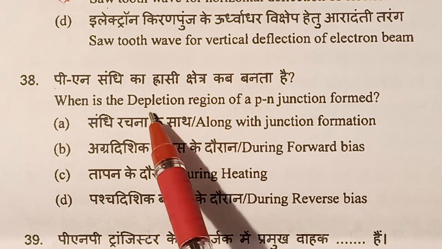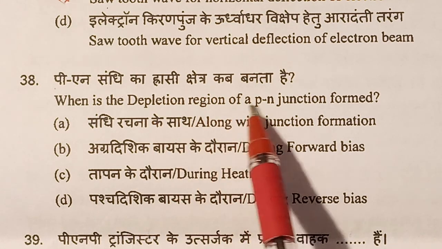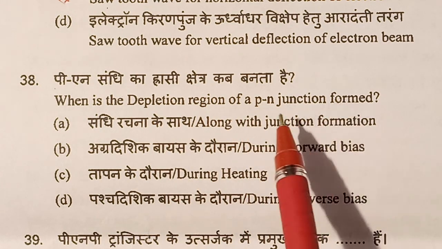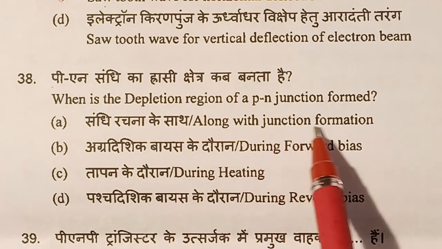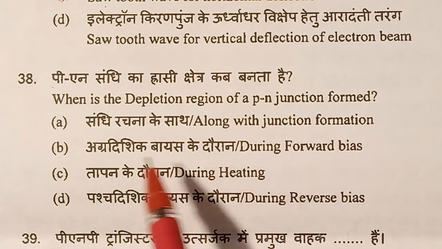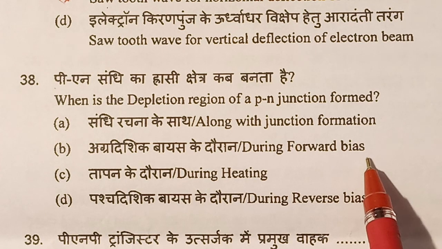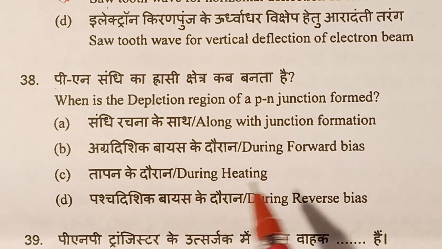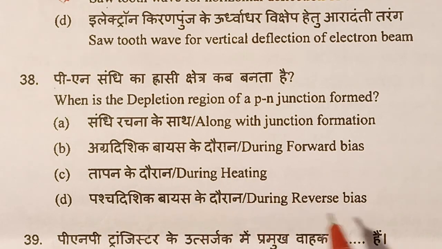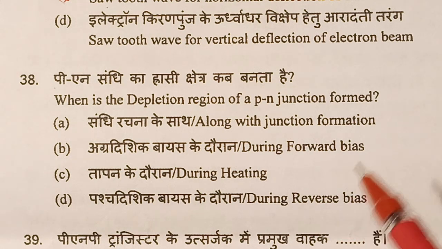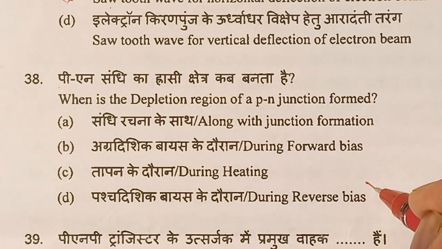Option A, along with junction formation. Option B, during forward bias. Option C, during heating. Option D, during reverse bias. The answer is option D, reverse bias.